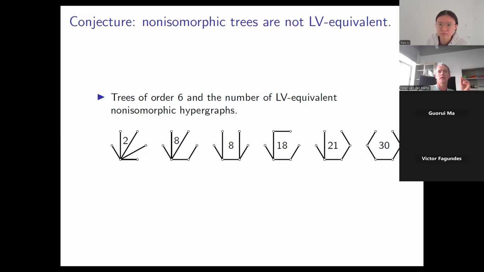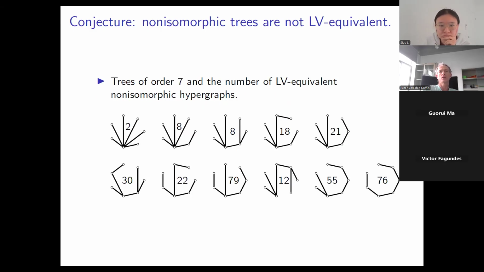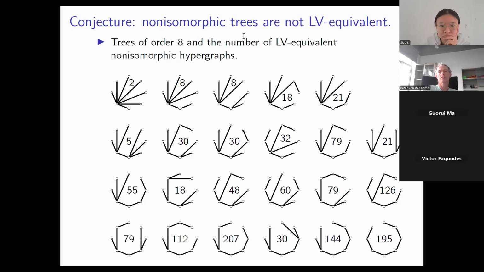And what I found was that each tree is in a different equivalence class. So the statement is that non-isomorphic trees are not LV equivalent, and we've seen it for order 3, 4, and 5, but I've specifically been able to check this for order 6, order 7, and order 8.